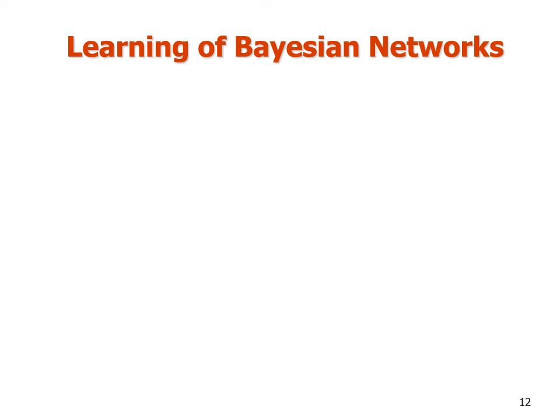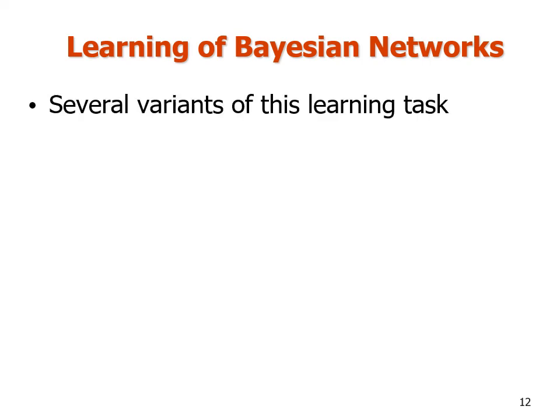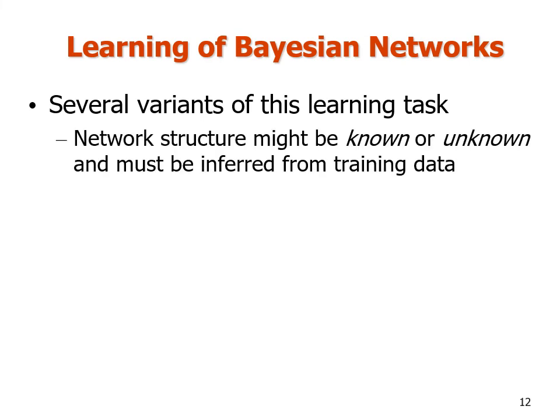But the most important intermediate step is learning of the Bayesian network. There are several variants of this learning task. In some situations, the network structure might be known or unknown, and that must be inferred from training data.